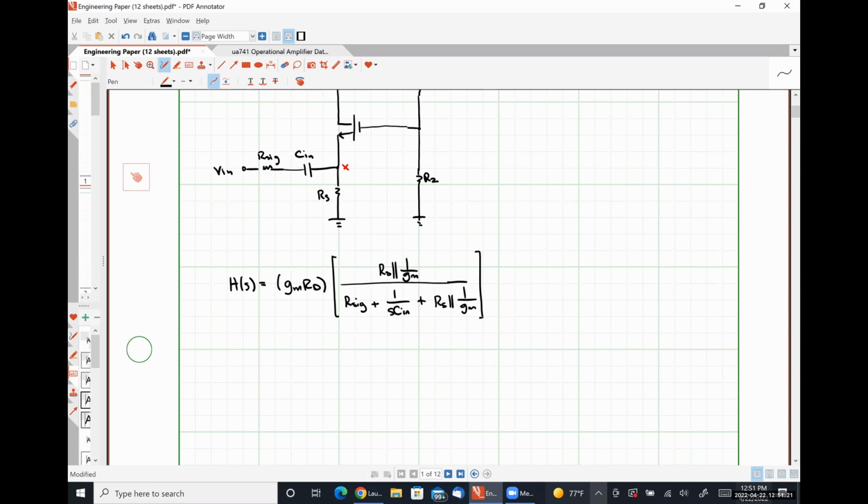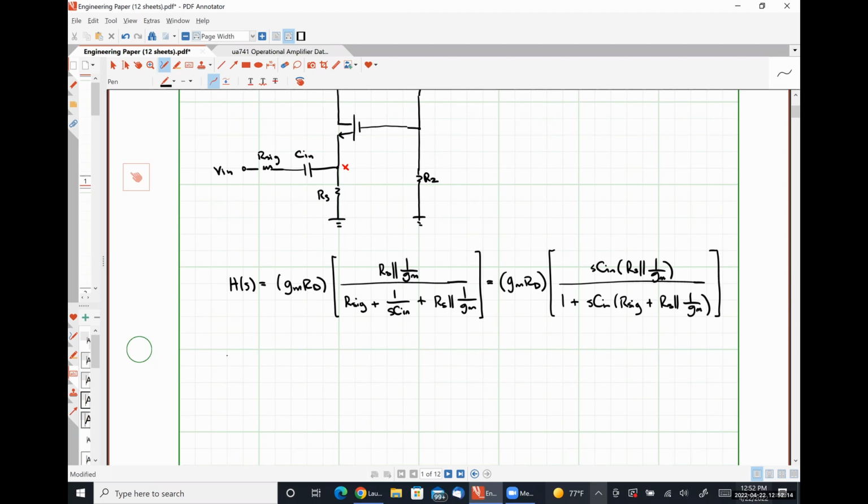So if I multiply through by a factor of sCin over sCin, what I get is gm RD multiplied by sCin times RS in parallel with 1 over gm, divided by 1 plus sCin times R sig plus RS in parallel with 1 over gm.